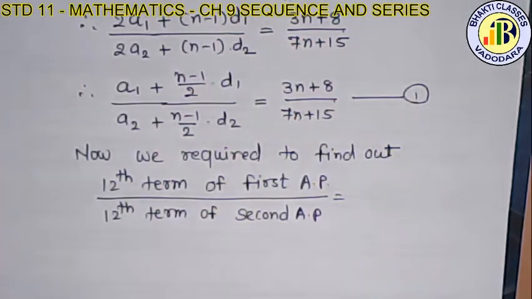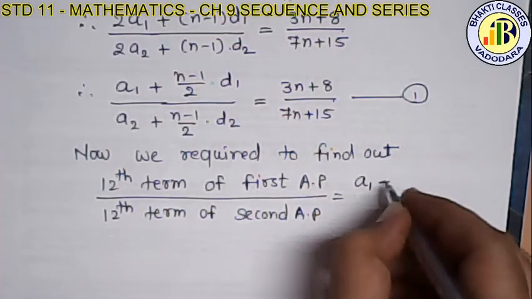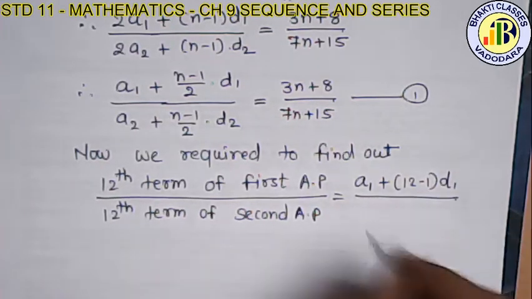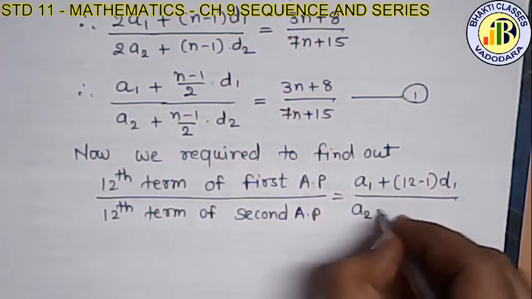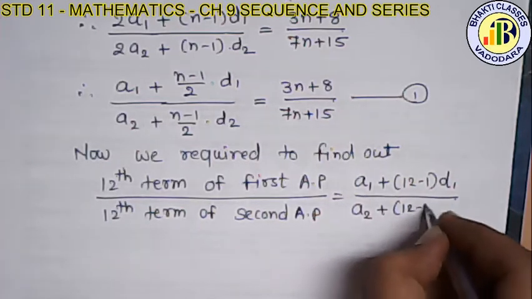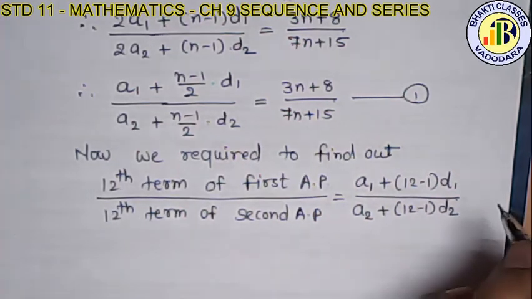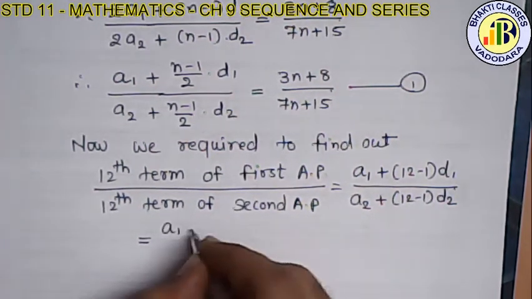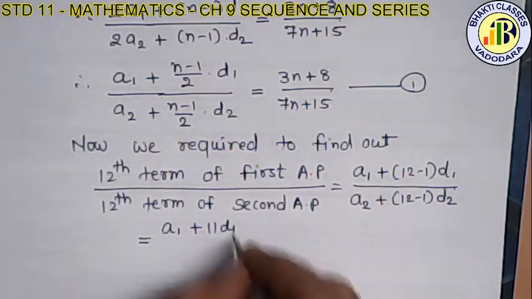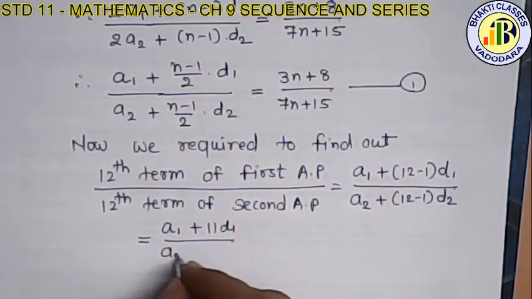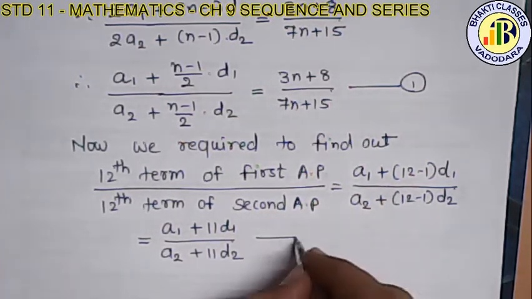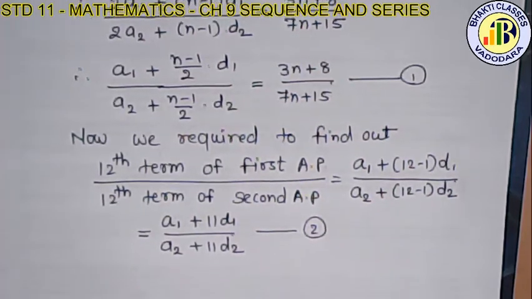So the formula for the 12th term is a1 plus (12 minus 1) into d1 upon a2 plus (12 minus 1) into d2, which is equal to (a1 plus 11 d1) upon (a2 plus 11 d2). This is our second equation.